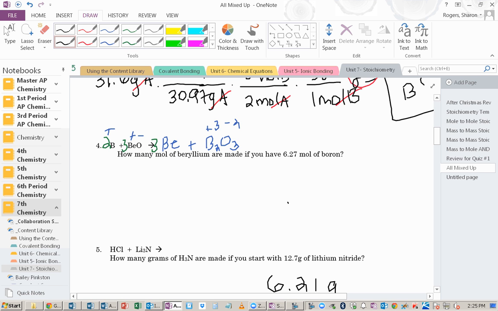We're starting with 6.27 moles of boron. We're ending with moles of beryllium.